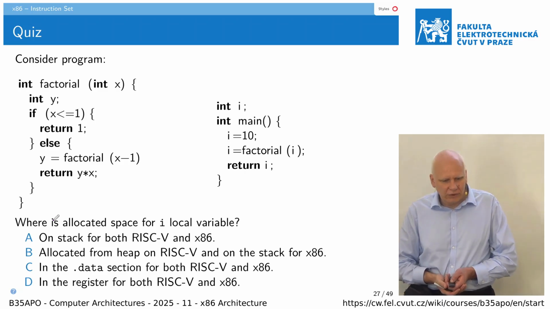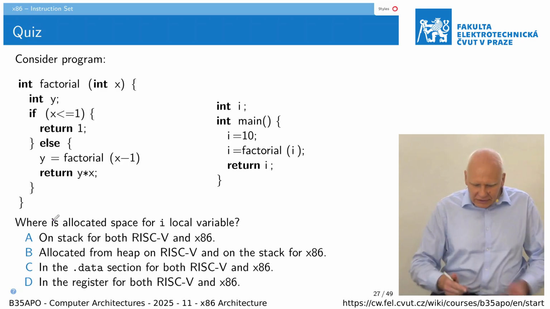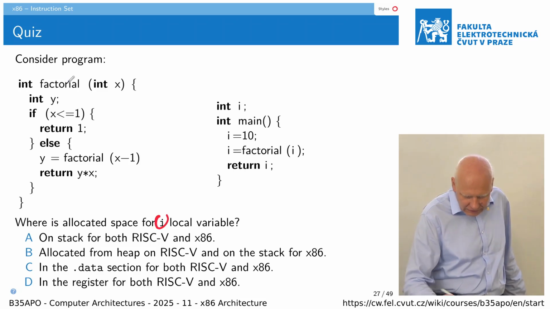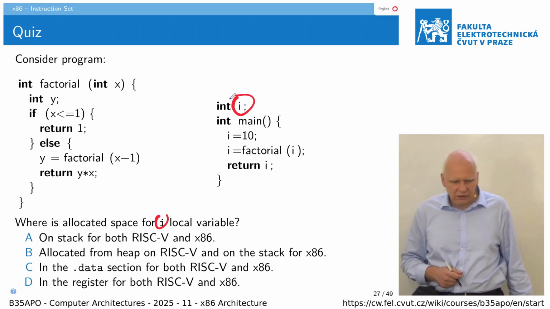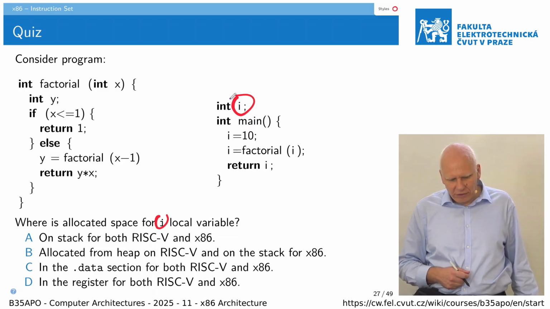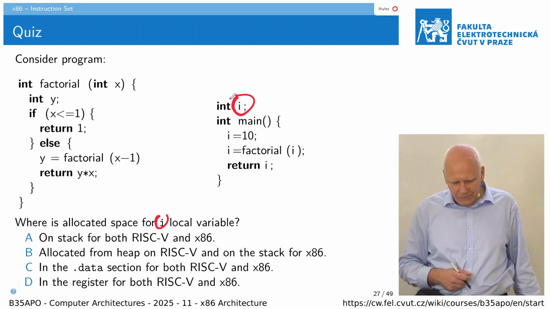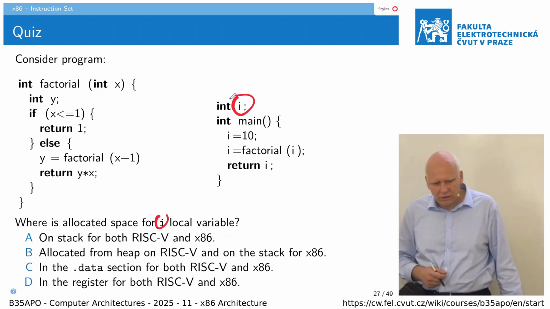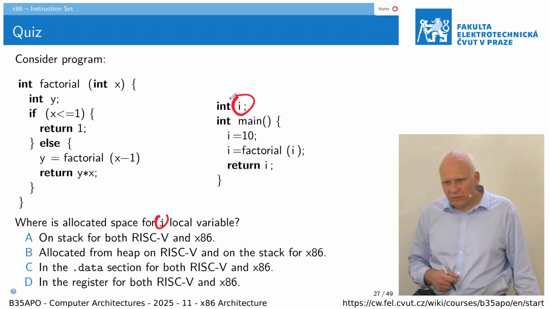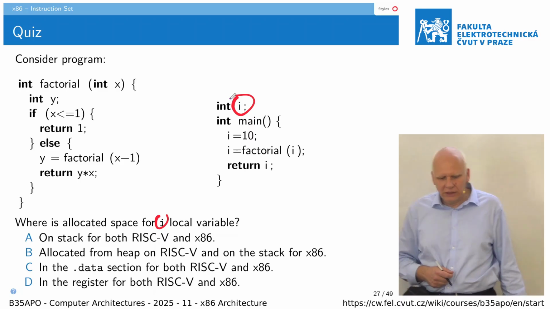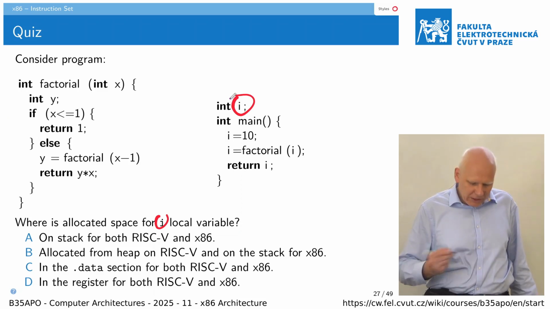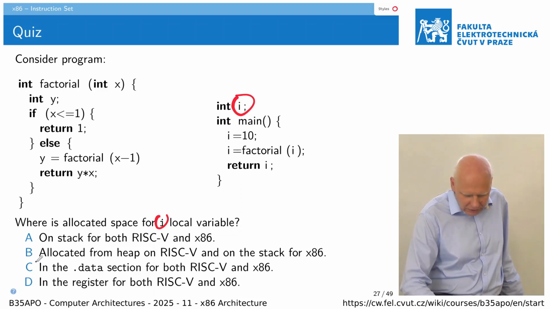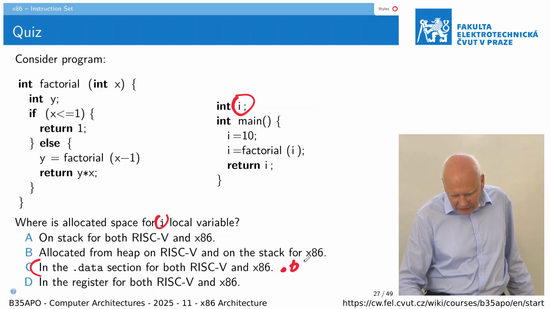So there are some quizzes. If we have this code, and we have this i variable, it is a global variable, so the space for it has to be allocated, maybe in the data section, or maybe in BSS if it is not initialized.